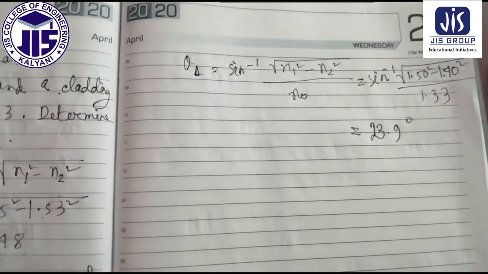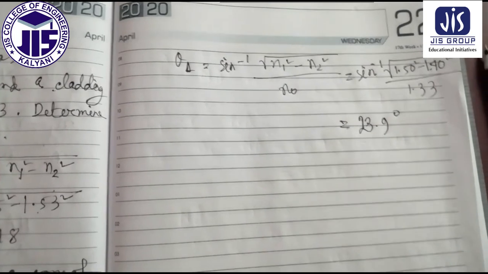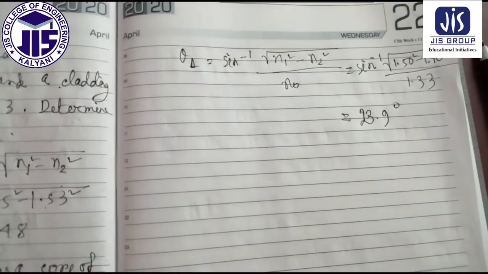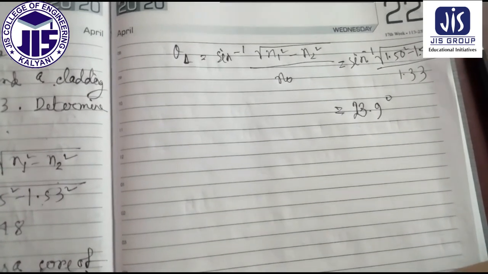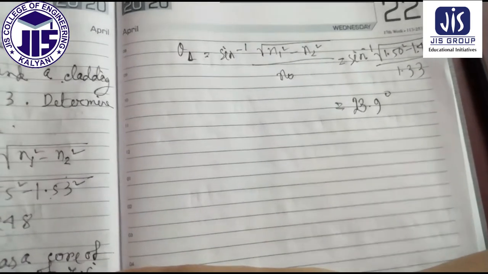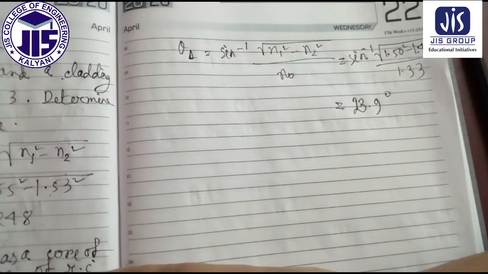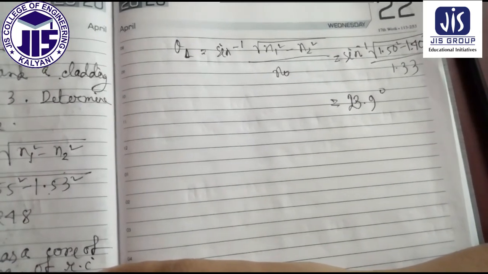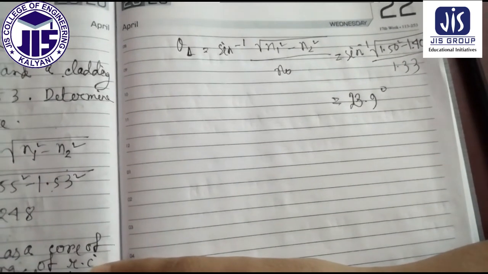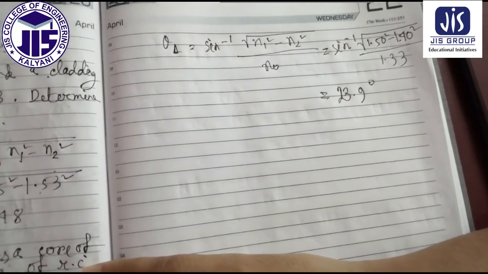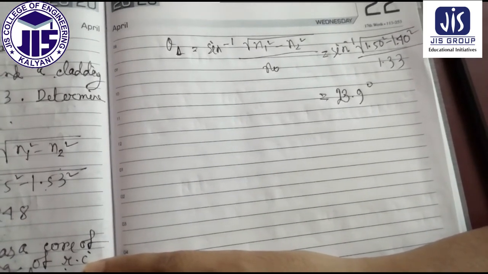So this is about the total optical fiber, where you have to know about core, cladding, their differences, their function. And one more question, that is your assignment. You must note down. The assignment is, what are the advantages of numerical aperture, or what is the purpose why we use optical fiber.